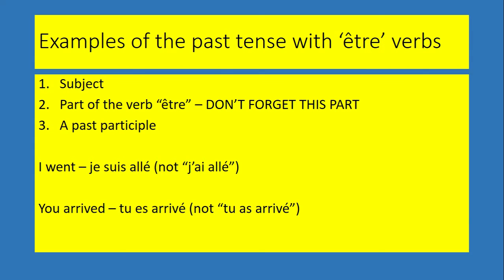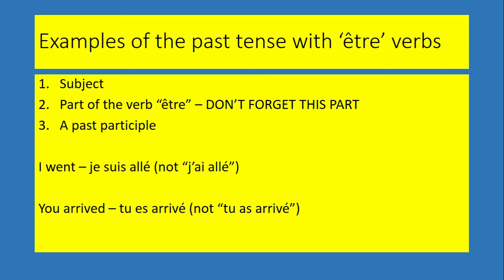Now if you were to logically translate you have arrived, well, you know that you have is tu as from the verb avoir, meaning to have, but these verbs are irregular, they take être, so it's not tu as arrivé, it's tu es arrivé, which literally would translate as you are arrived, but that makes no sense to us at all in English, so it's probably best not to even think about translating it using the verb to be. Anyway, just translate it as you arrived, or possibly you have arrived. Don't be confused by the fact that it's got the verb to be and not to have.